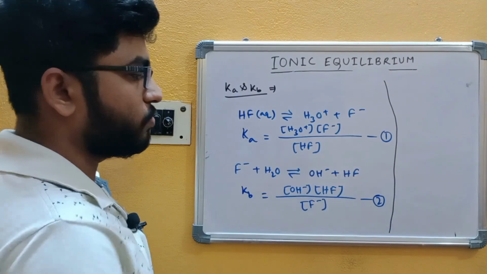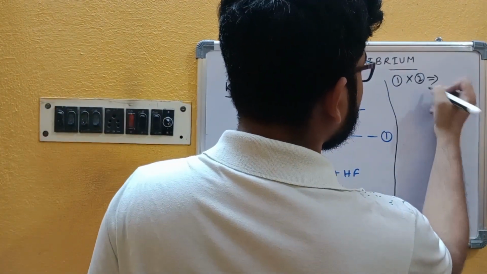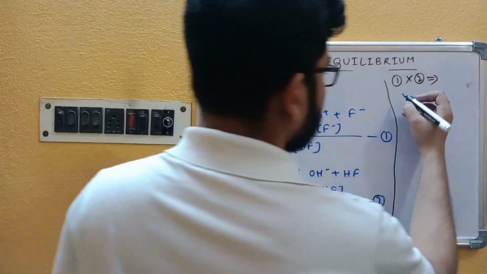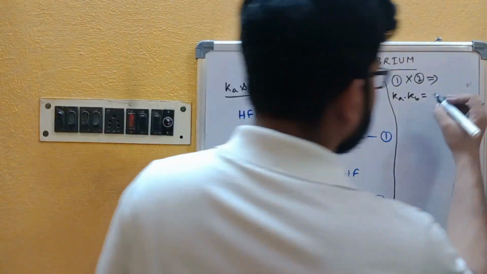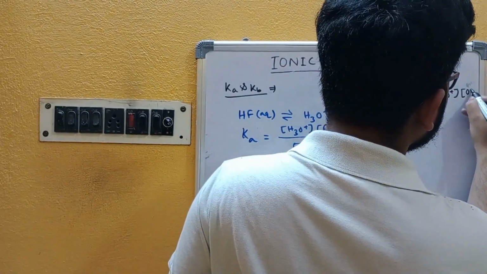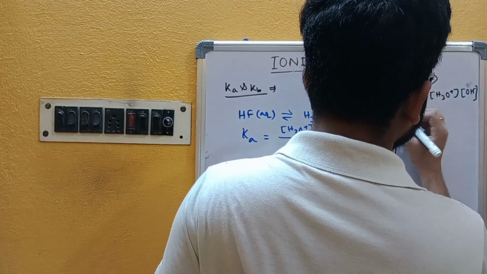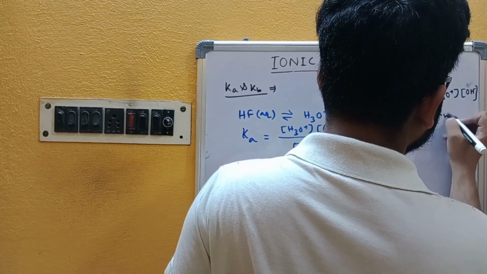Multiply this 1 and 2, we get Ka into Kb equals concentration of H3O+ into concentration of OH-. So Ka into Kb is Kw.